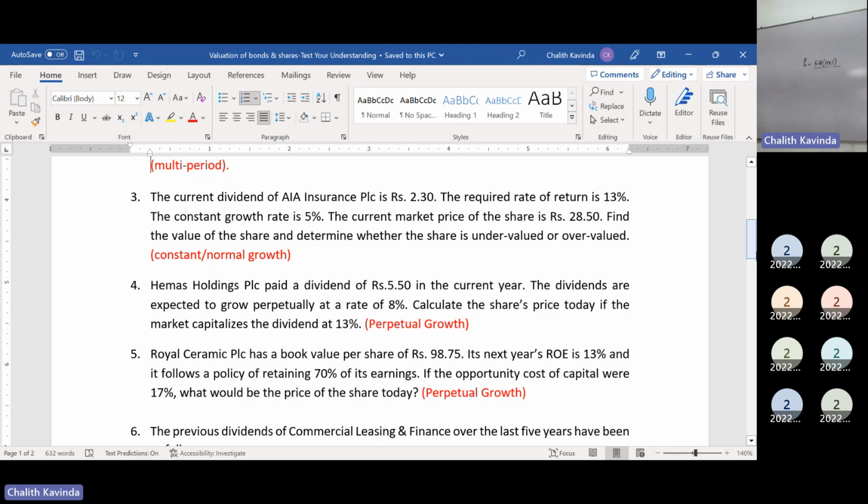Required rate of return, cost of equity, market capitalization rate, dividend capitalization rate are synonyms for the cost of equity. So it's 13% minus 8%. So the price of the share equals how much? 180. Price of the share equals 180.